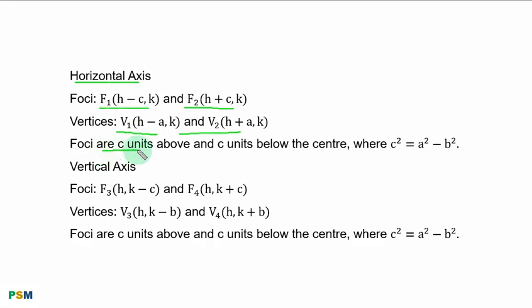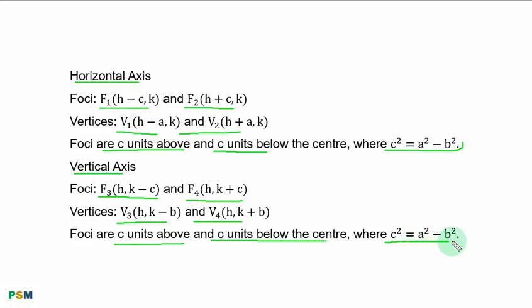Foci are c units to the left and c units to the right of the center, where c squared is equal to a squared minus b squared. Considering the vertical axis, you have the foci F3 and F4. You have the vertices V3 and V4. Foci are also c units above and c units below the center, where c squared is equal to a squared minus b squared. Here it simply means that a squared is greater than b squared.